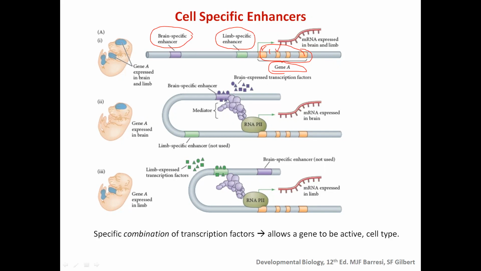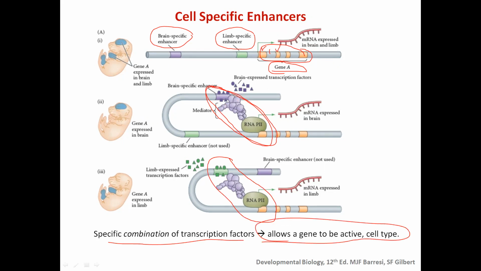With this looping of the chromatin, the brain-specific enhancer comes close to the promoter of gene A in the brain, whereas the limb-specific enhancer comes close to the promoter only in the limb. So the specific combination of the transcription factors allows the gene to be active in specific cell types.